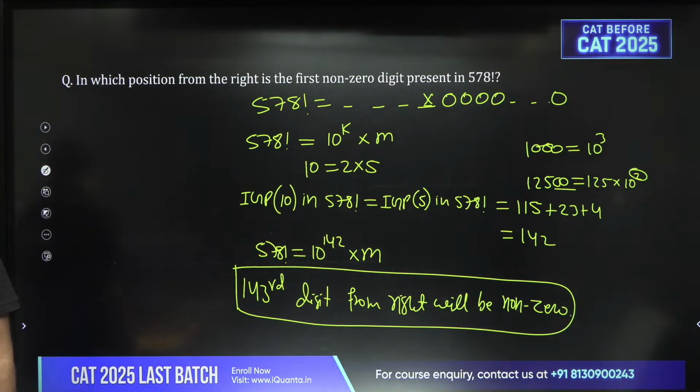Okay. So Akul got this correct, Ayushman got this correct, Sanya got this correct.